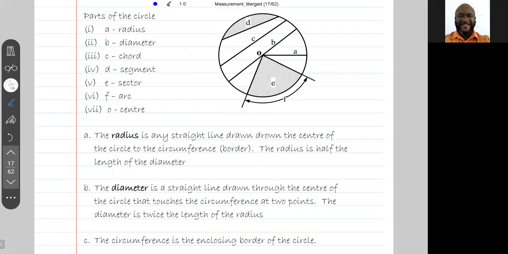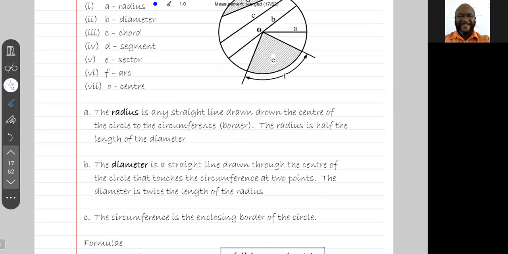The radius is half the length of the diameter. The diameter is a straight line that is drawn through the center of the circle. So this is very important: the diameter always passes through the center of the circle and touches the circumference at 2 points. The diameter is twice the length of the radius.